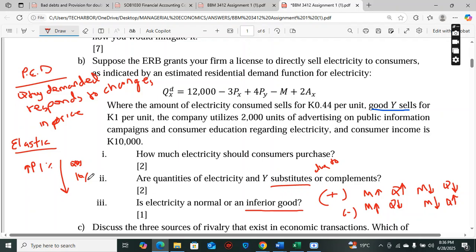What you're going to find is people find Coca-Cola more expensive and start buying the other soft drinks. So quantity demanded for Coca-Cola is going to drop, because a lot of people found alternatives. So there you can say demand for Coca-Cola is elastic. Why? Because there are a lot of substitutes. If you increase the price of Coca-Cola, even by a small amount, quantity demanded will be affected because people are going to buy other goods.